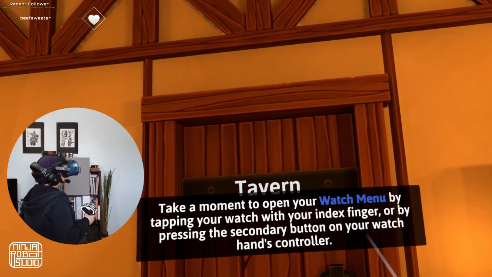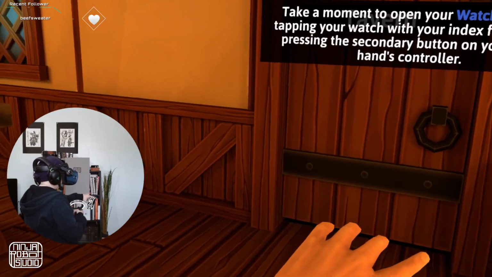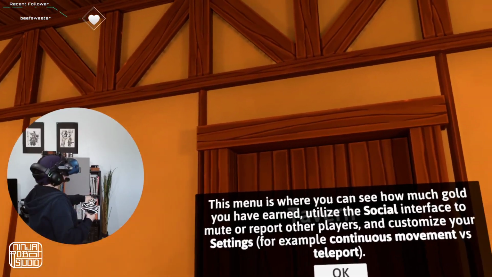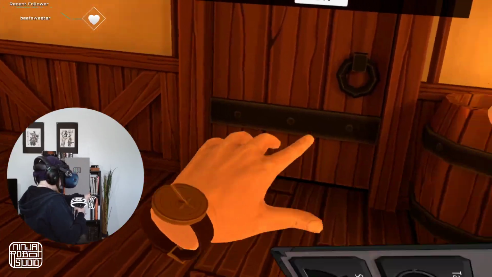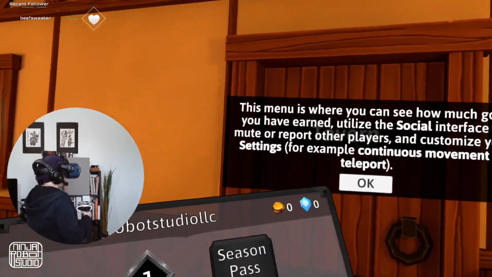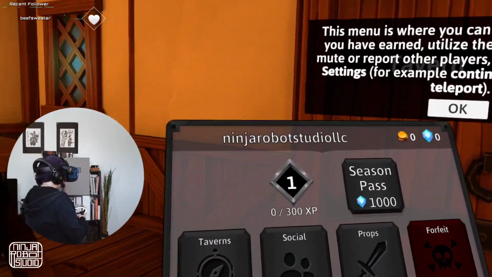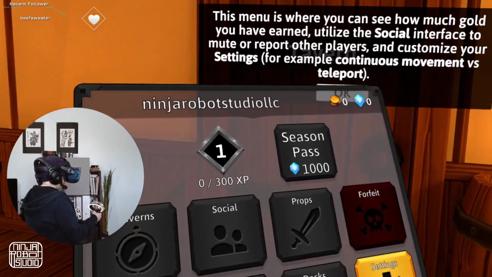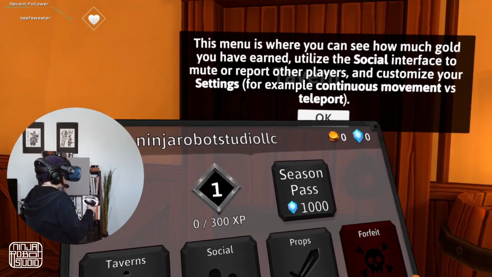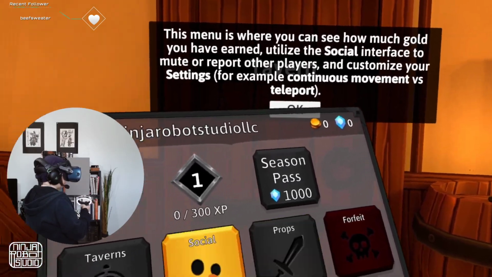Take a moment to open your watch menu. Okay, so I don't have any gold. These UI elements are too close to each other, meaning that I could accidentally tap something I don't want to tap.